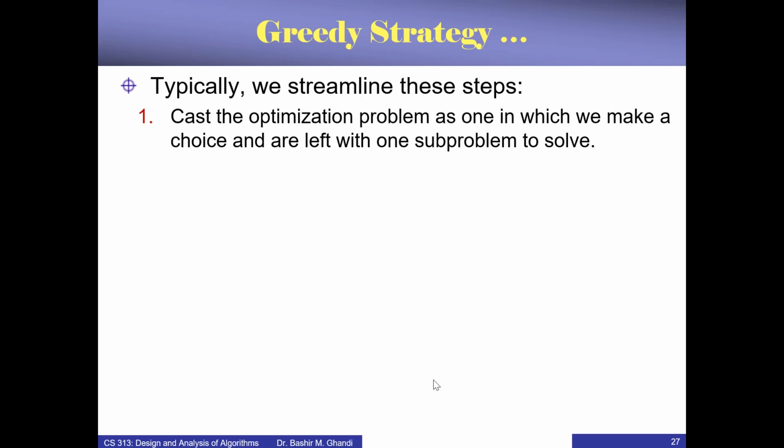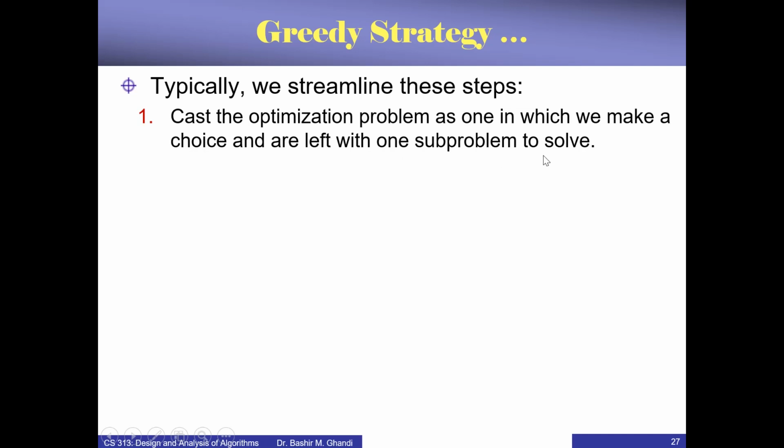So typically, if you are following greedy strategy, these are the main things you have to do. You don't have to follow all those 6 steps that we have followed in this example. We did them just to show you the relationship between greedy and dynamic programming. Typically, this is what you have to do. Cast your optimization problem as one in which we make a choice, one choice, and then we are left with one subproblem to solve.